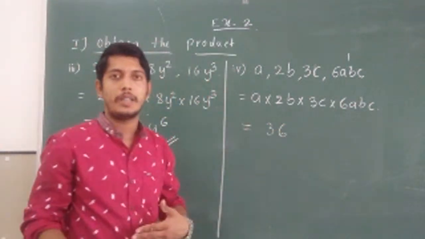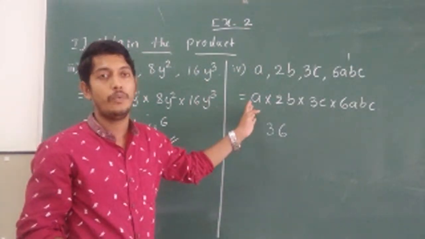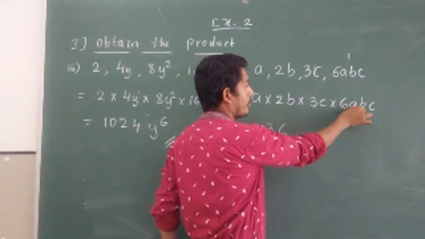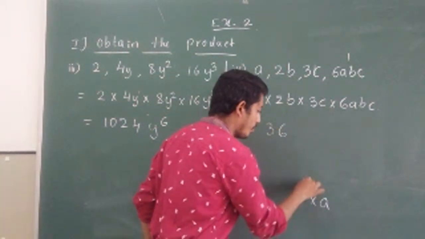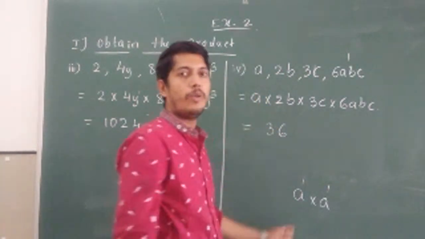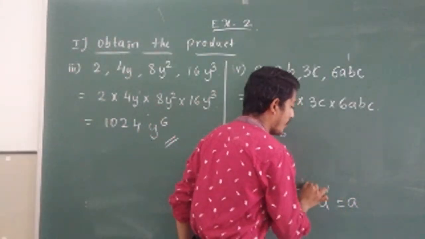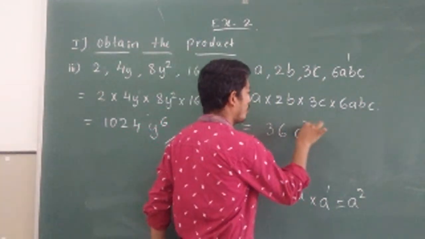So first we multiplied the sign, next we multiplied the constant term. Now we will multiply the variables. Okay. So for a, here 1 is present, a into a. So the a power is 1 and 1. The base is the same, and we add the exponents, 1 plus 1, it becomes 2. So a is equal to a square.